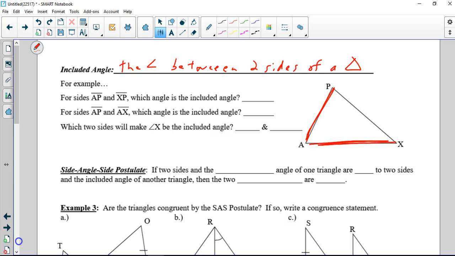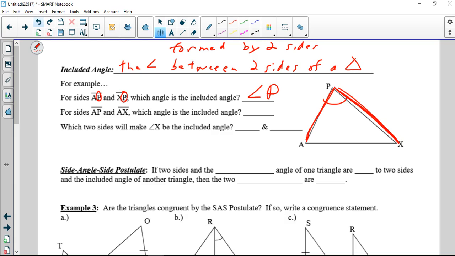Well, if I could draw it correctly, sorry. Here's XP. Not good with my letters apparently today. But I noticed that from coming back here and saying it's the letter they have in common. They both meet at P. That means angle P is the included angle between those sides. It's the angle formed by two sides. You can look at it either way.